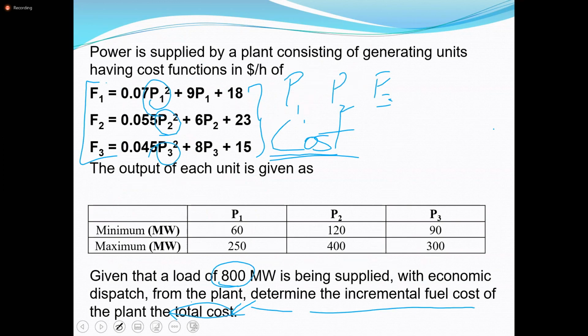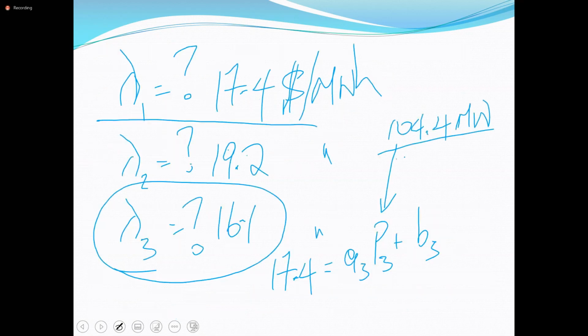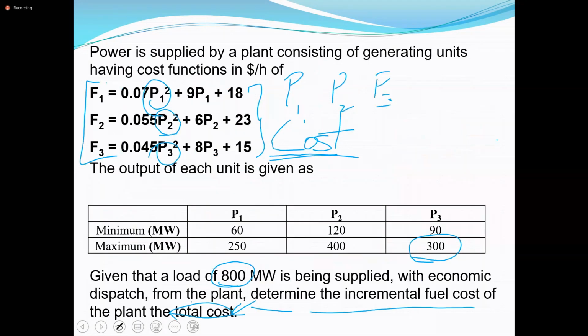So you are now going to look back at the operation of the units. Based on what P3 is showing, its maximum is 300, so we would not have reached that maximum. Are you with me? This 104 looks small, because the minimum for P3 for unit 3 is 90.